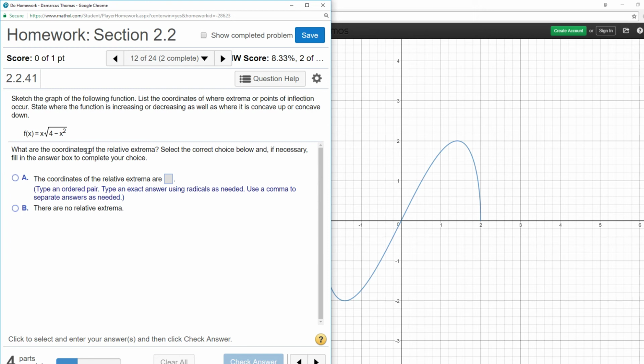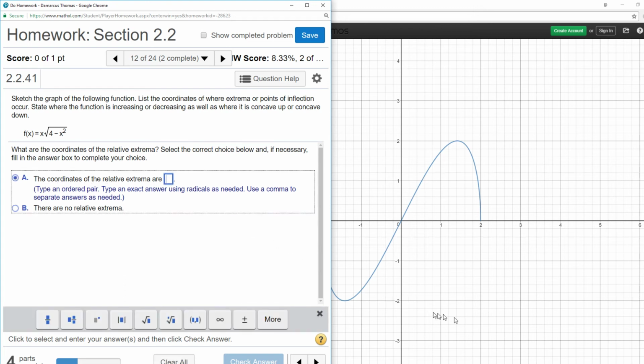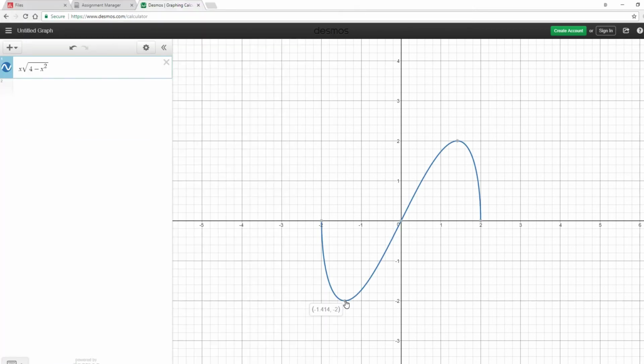What are the coordinates of the relative extrema? Select the correct choice below, and if necessary, fill in the answer box to complete your choice. The coordinates of the relative extrema would be -2, and then when x is √2, -√2, and -2.